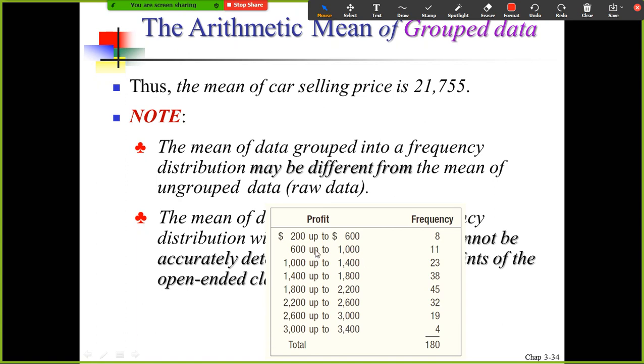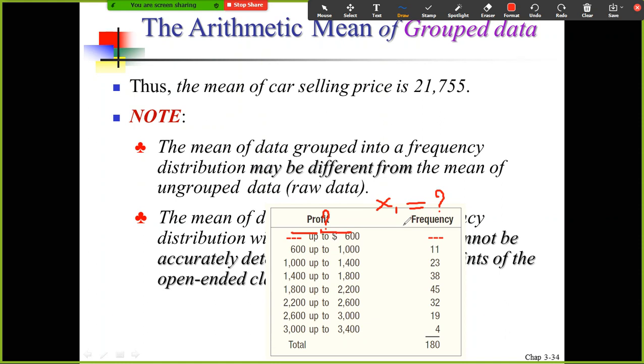But for this class, if you have it like this, you don't know the value of L1. If you don't know the value of L1, how can you find the midpoint between H1 and L1? That's why we cannot find the midpoint. If you cannot find the midpoint, you cannot find the mean, because based on our formula, you cannot know what H1 is.